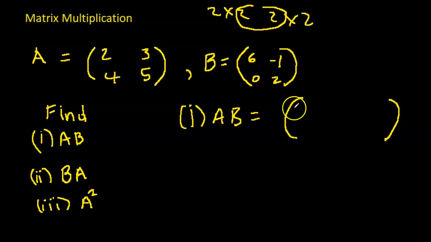So 2 times 6, which is 12 plus 3 times 0, right? Then we apply 2, 3 now to minus 1, 2. Let me just not skip the steps.